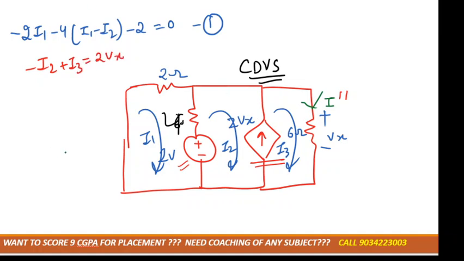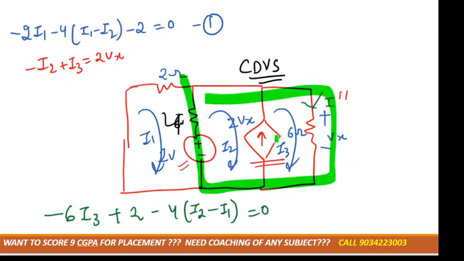Third equation we can make from the super mesh, that is minus 6I3 plus 2 minus 4I2 minus I1 is equal to 0, right? From this super mesh. And again the same equation from the dependent source, that is Vx is equal to 6 into I3, right?